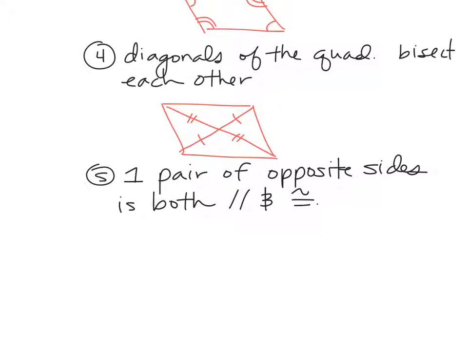Okay, so for this one, you'll have a parallelogram. All you need to know is that one pair of sides is parallel and that same pair of sides is congruent. Okay, it can't be that one pair is parallel and the other one's congruent. That doesn't work because that could be a trapezoid. But if the same pair of sides are both parallel and congruent, then that has to be a parallelogram.